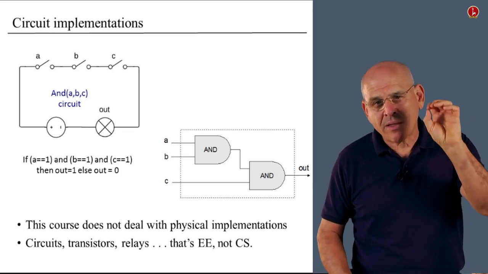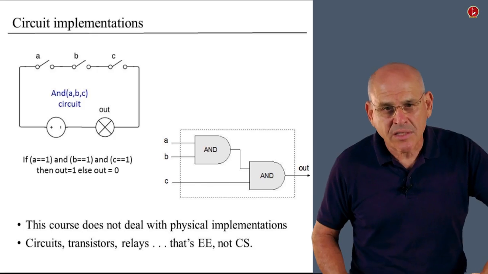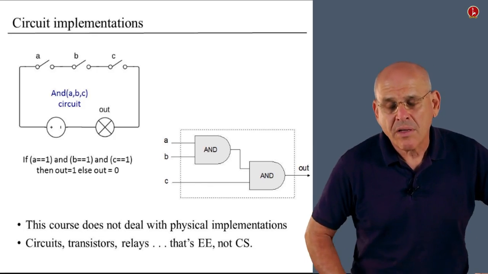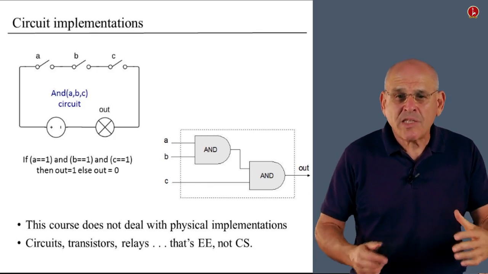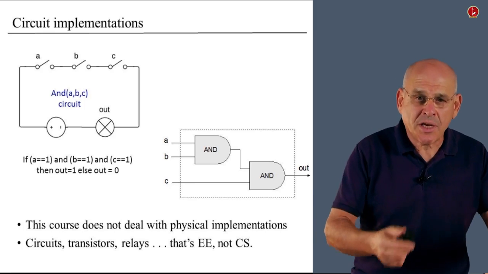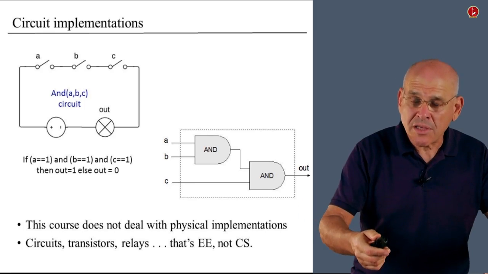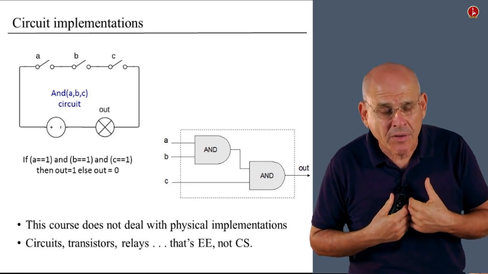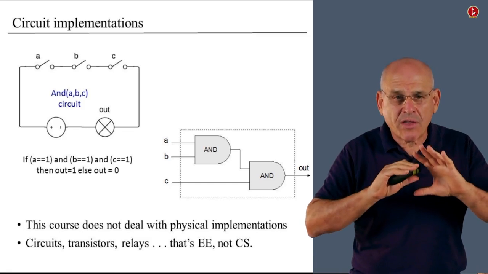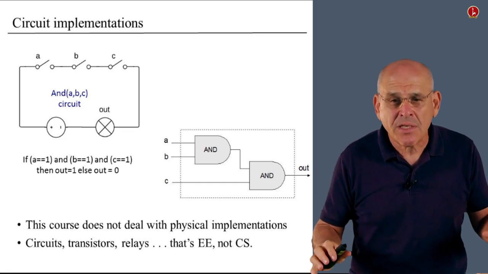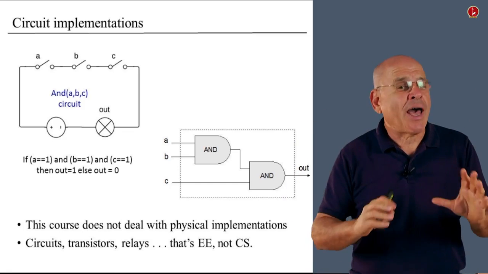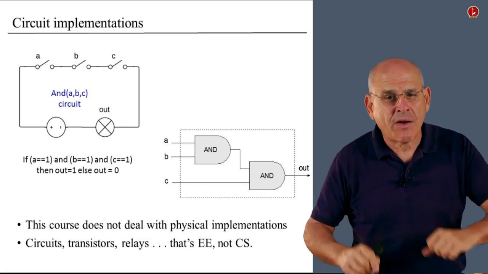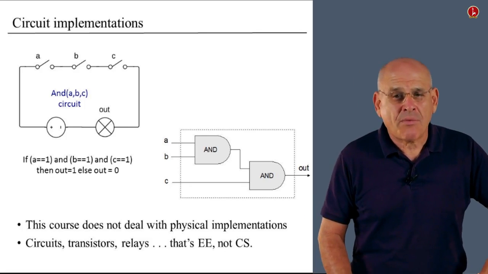And the people who build these gates using circuits and similar technologies, some of them far more advanced and sophisticated, these people are called electrical engineers. God bless their souls. We have enough problems in computer science to worry about, so we are not going to worry at all about physical implementations, and all the designs that we are going to use in our course are going to be similar to what we did here at the bottom right of the screen.